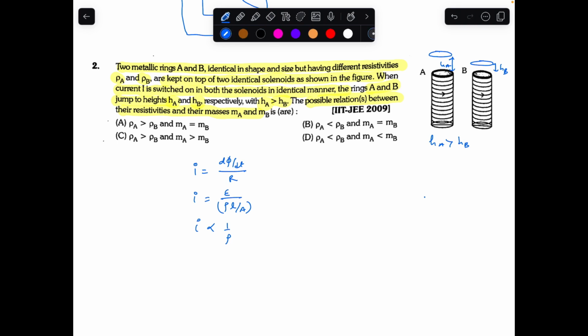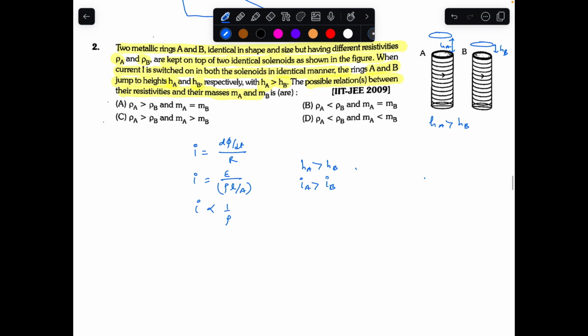Okay. So here you can see that HA is greater than HB. So I can say IA, current in A, is greater than current in B. Obviously, if more current, repulsion will be more, correct? Because repulsive force depends on I1 and I2, both. So here, if current is inversely proportional to ρ, current in A is more. So can I write ρA is less than ρB? Yes, I can write.